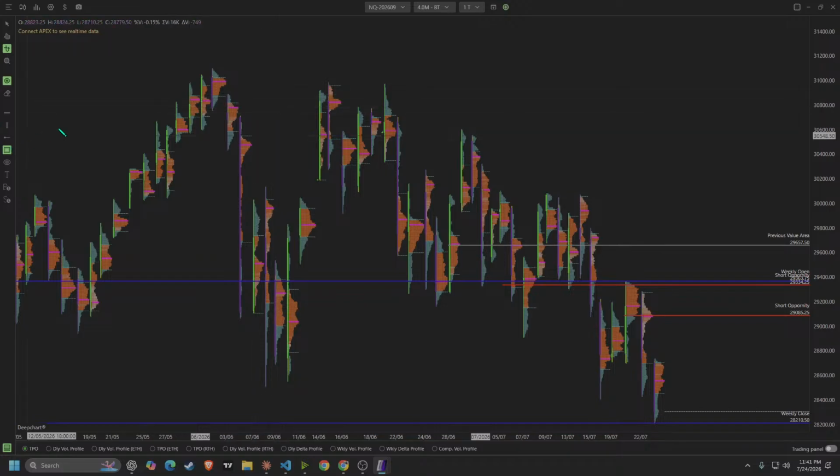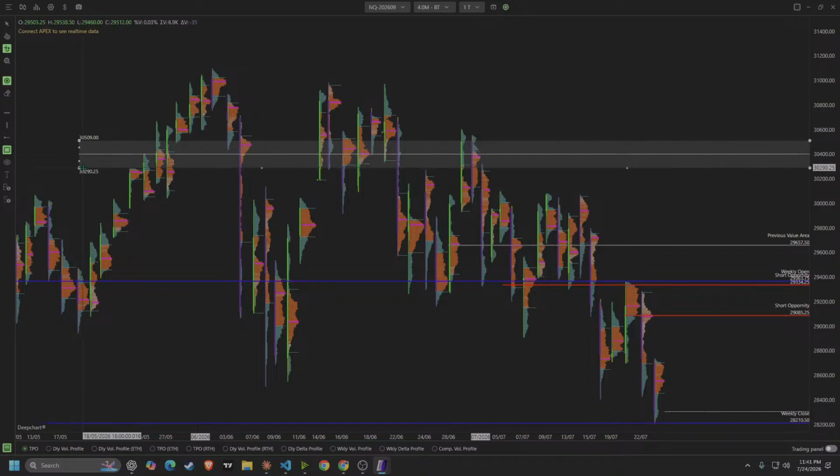If you want to pick that level, oh, it's this one. Okay, right here. And from there to here is 1000. So it's not there, right?